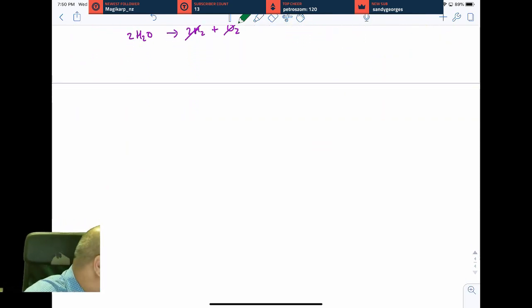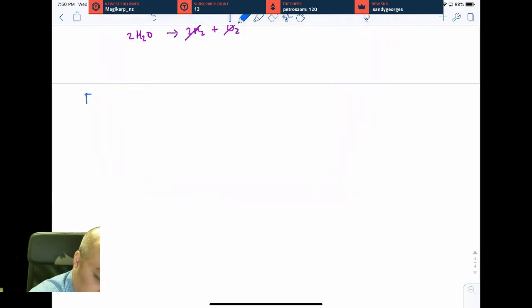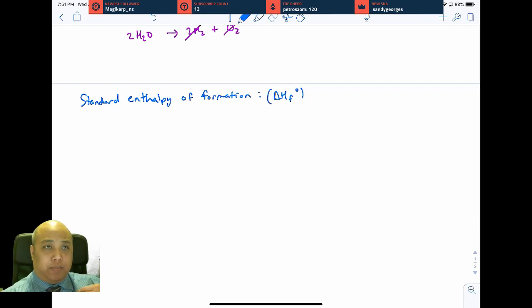And those values may relate to, let's choose a different color, standard enthalpy of formation, which is delta H F naught. Okay, so this is a specific type of enthalpy that you can use to calculate delta H of the reaction using Hess's law, and I'll show you how that works, and then kind of an easy way to remember it.